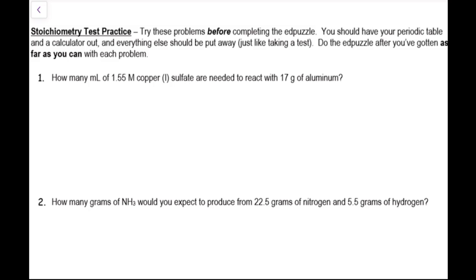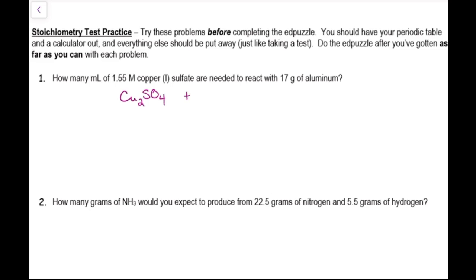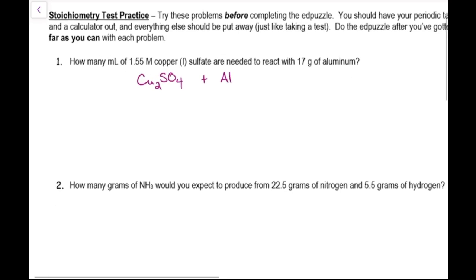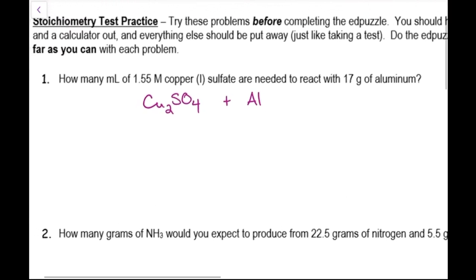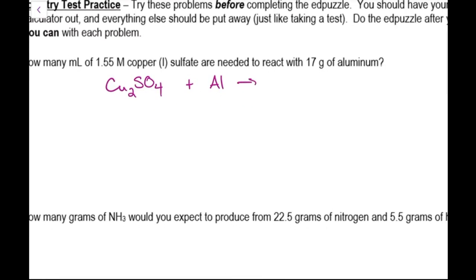So how many milliliters of 1.55 molar copper 1 sulfate are needed to react with 17 grams of aluminum? Now, before we even worry about planning the problem, we should come up with a balanced equation, right? So this is a single replacement reaction because we've got copper 1 sulfate, which would be Cu2SO4 because sulfate is -2, reacting with aluminum, and so that's going to give us aluminum sulfate.